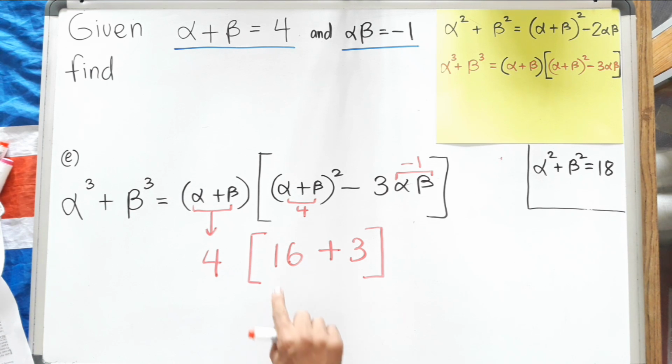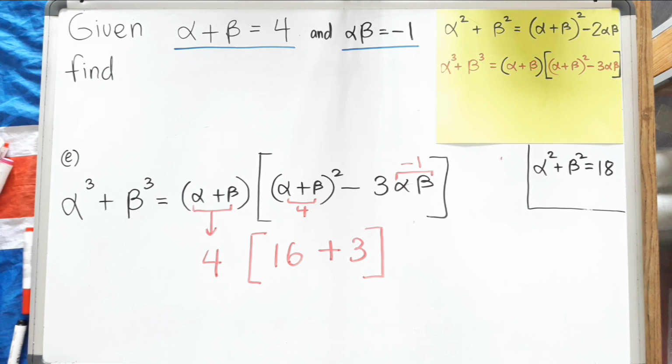So we just have to add the 16 and the 3, and you will get 19. Then you take the 19 and multiply it by 4, which I cannot do in my head, so I will use my calculator, and the answer is 76. Very straightforward.